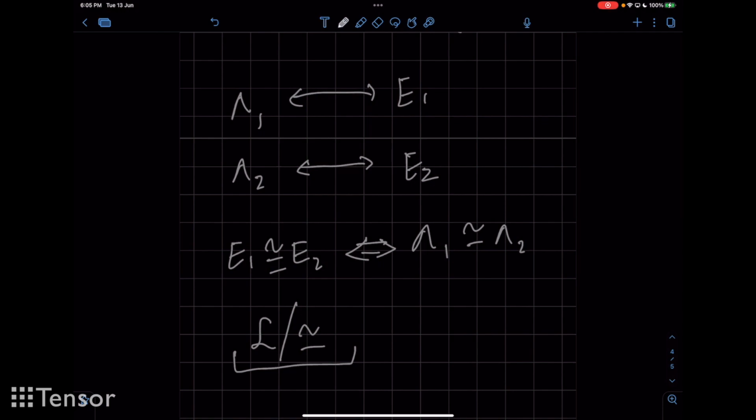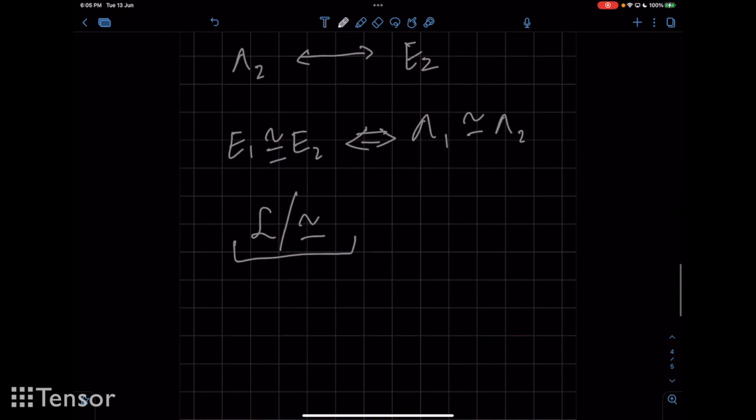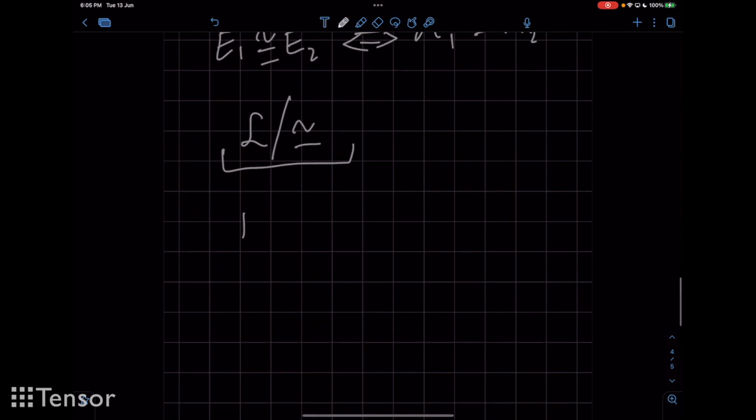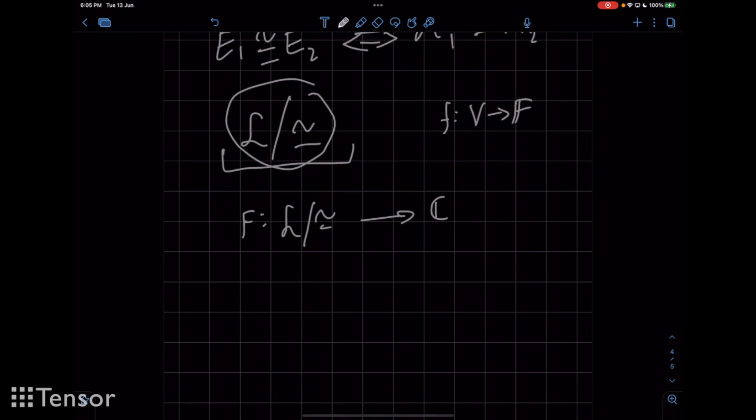So if we want to study this set, it is natural to consider functions from this set to complex numbers. For instance, if I want to study a vector space, it's natural to consider all the linear maps from the vector space to the field.